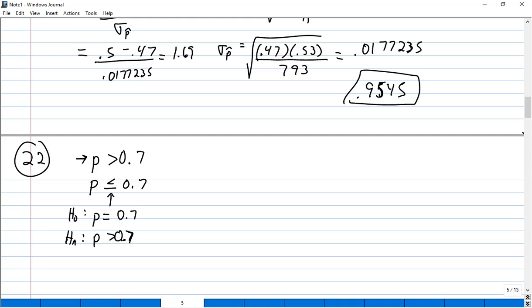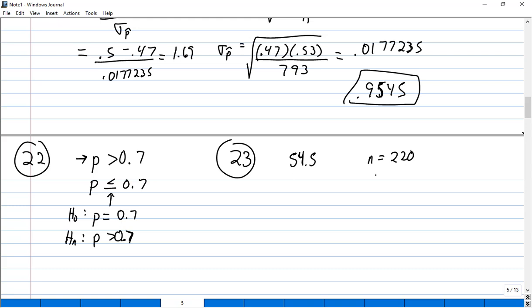Since it was a large sample, you can think of this like a z-test statistic, right? So we were given a claim of 54.5, and n of 220.